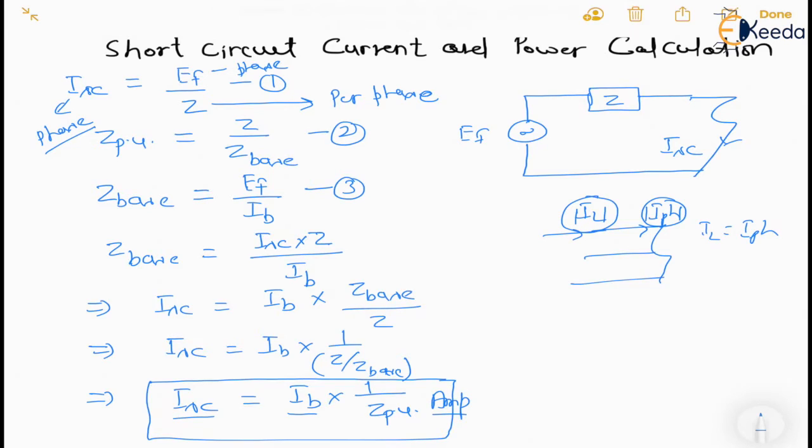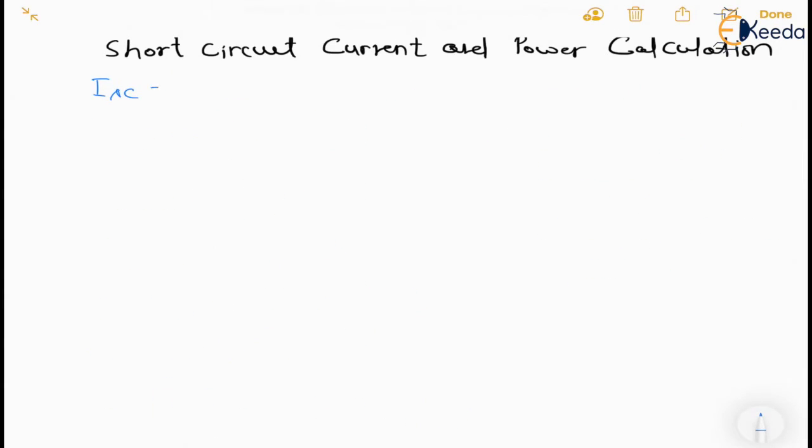You only have to remember that if you are applying this formula, if this Z is per phase, this Ef is also per phase. Whatever value of Isc you calculate, it will be per phase as well as line. So do not need to worry. So Isc is equal to Ib into 1 upon Zpu ampere. We calculated the value of Isc is equal to Ib into 1 upon Zpu.